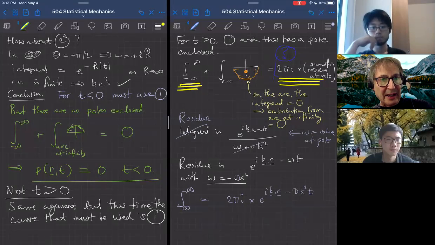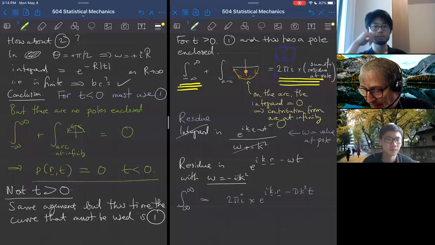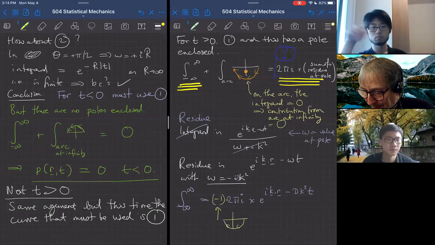And then there's one more thing, and that is that this integral has to be multiplied by a factor of -1. And where did this -1 come from? Well, it comes from the fact that we went round the contour in the clockwise direction.